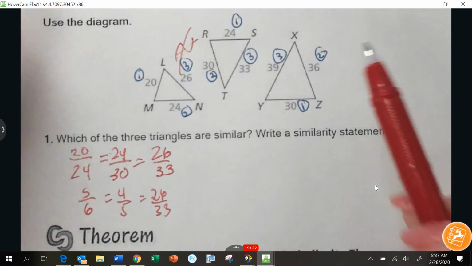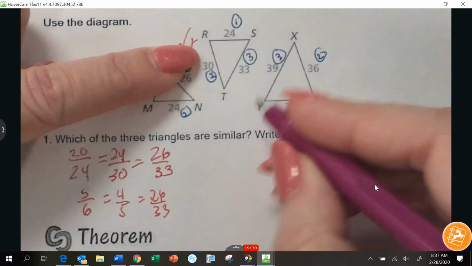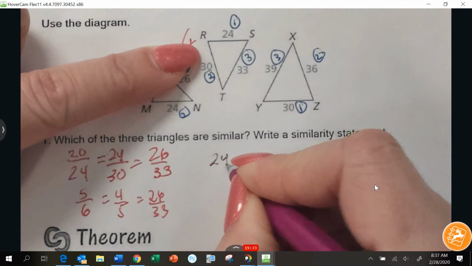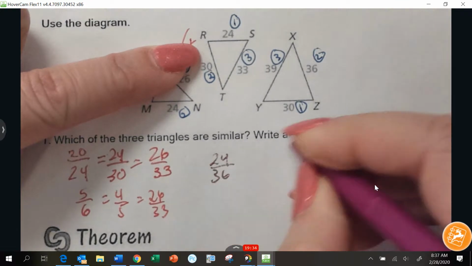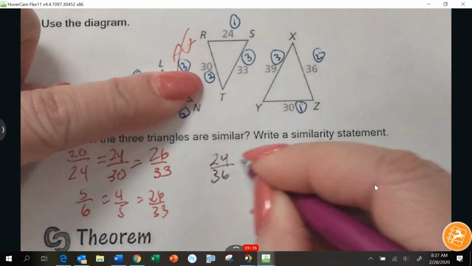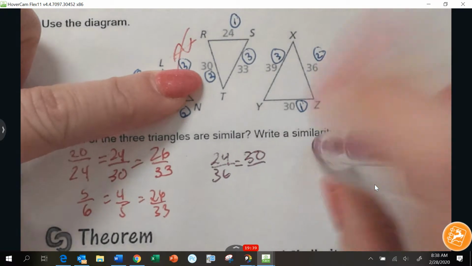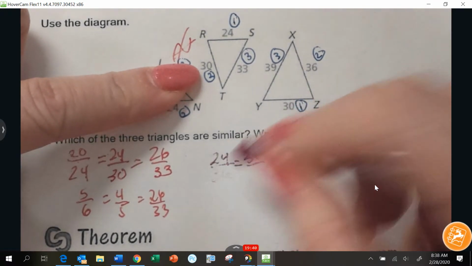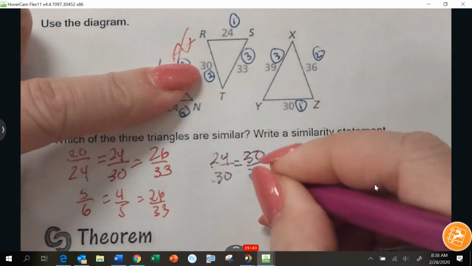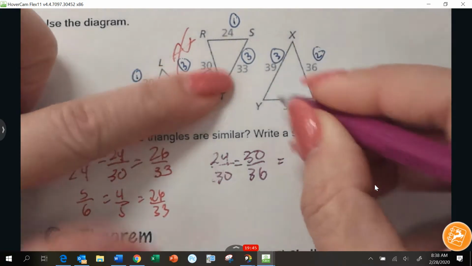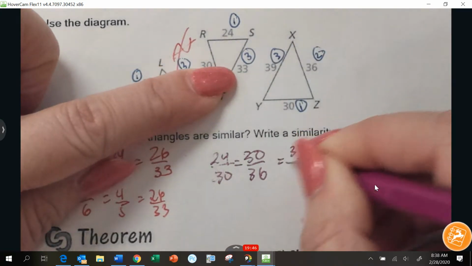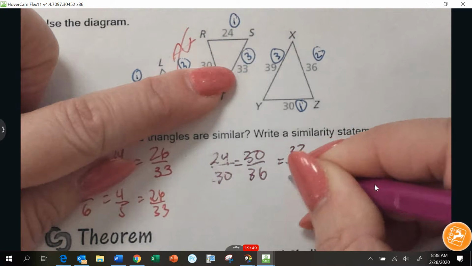Okay, maybe I will look at these two. I have 24 over 36, and then I have 30 over, oh, I did the wrong one, sorry. This is 24 over 30, 30 over 36, and 33 over 39.